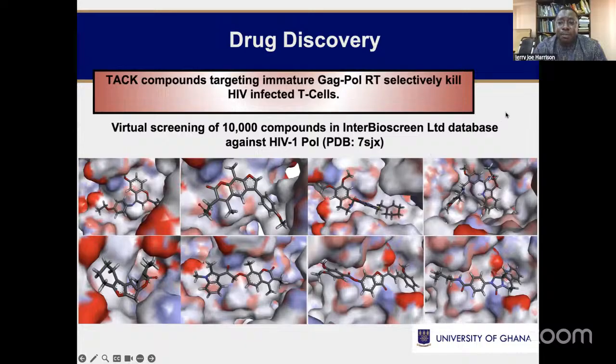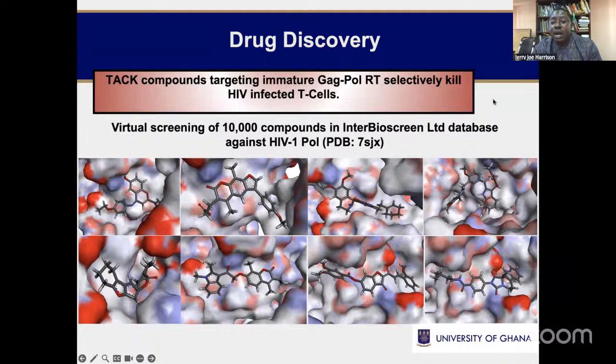Again, after we published this work, Merck scientists published their paper showing that they have some small molecules that they believe target the gag pole, but these have very unique tropisms. The phenotypes are said to be that when they put these molecules in there, those molecules selectively kill HIV-infected T cells.